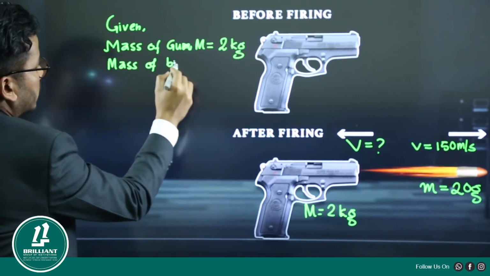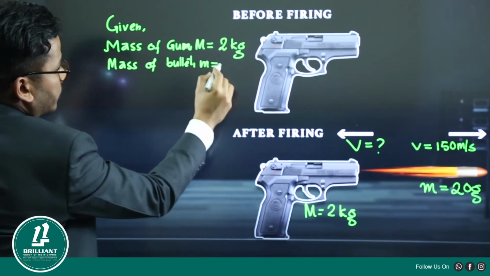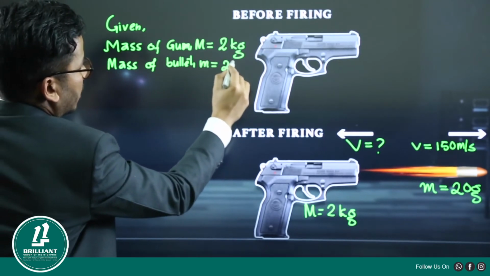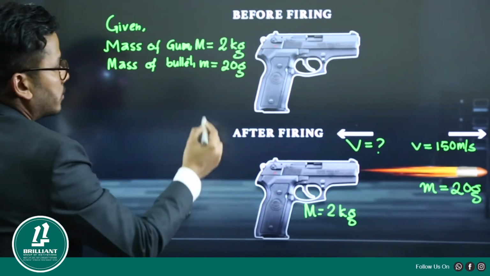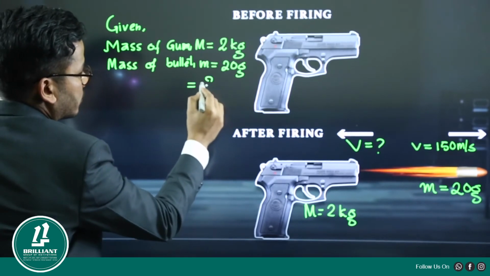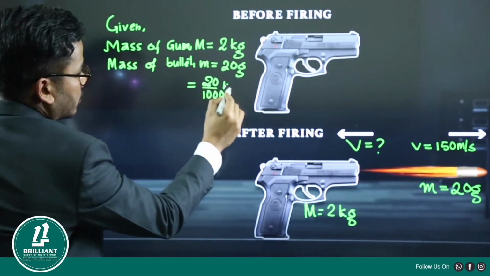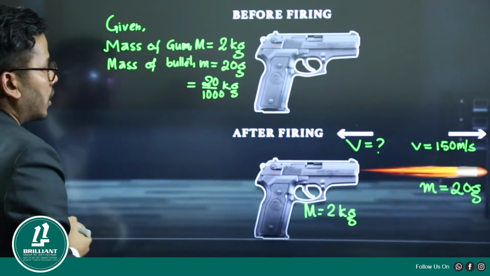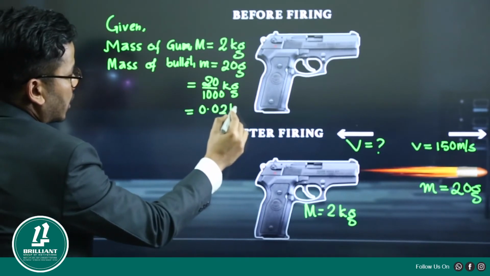Mass of bullet, small m, 20 gram. Now this 20 gram you have to convert into kg. Divided by 1000, you will get 0.02 kg.